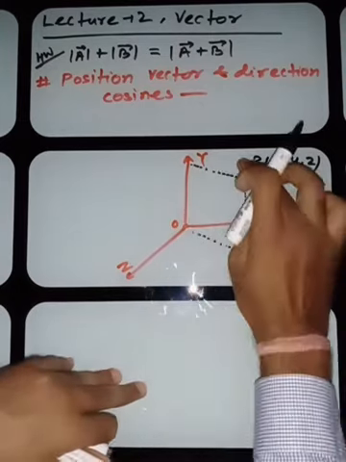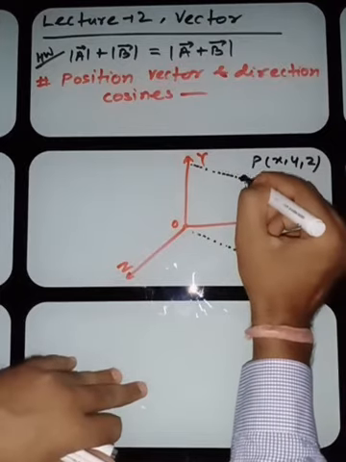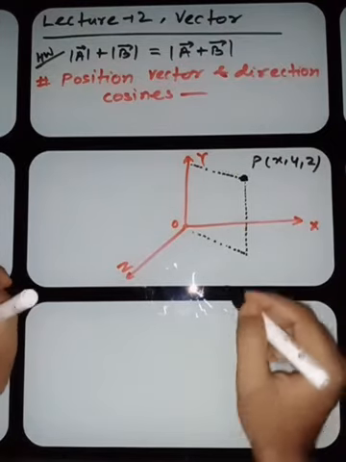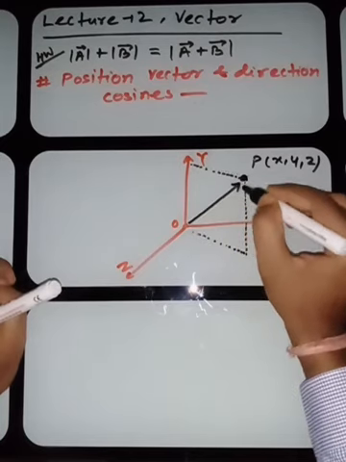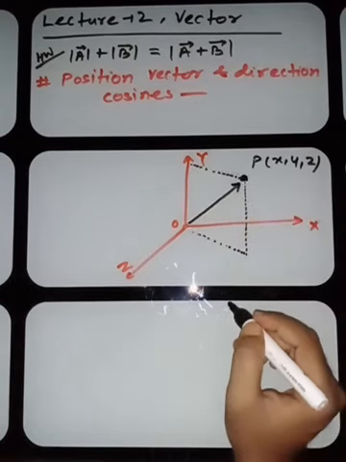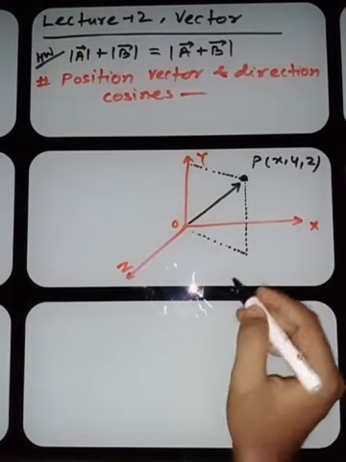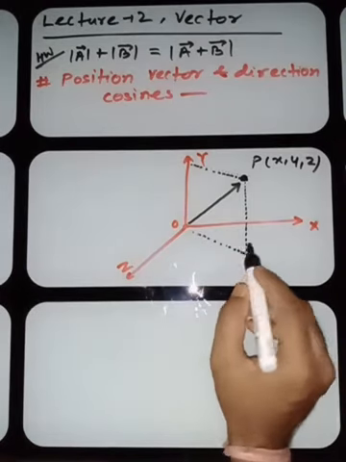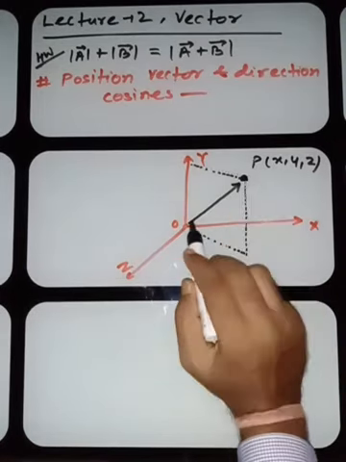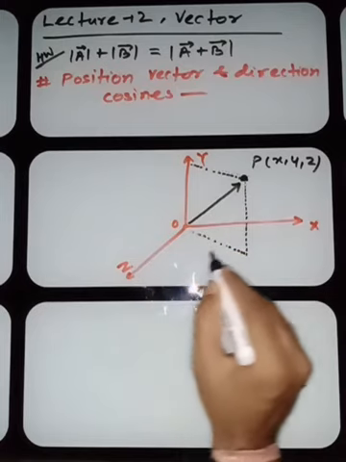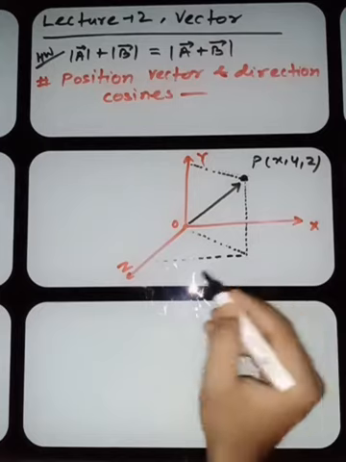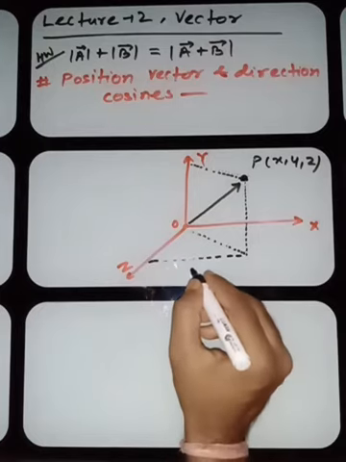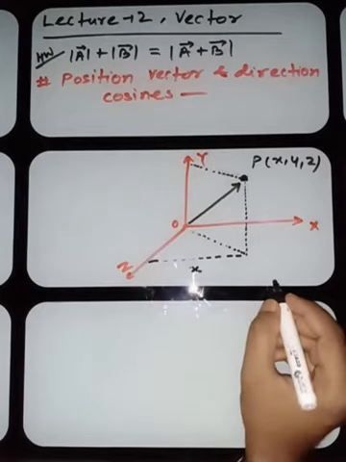Now, this is the point, my dear student, and we have to find this position vector actually. This is the position vector OP. To reach the point P from origin, I have to move along the x-axis. How much length is it? Yes, x unit.